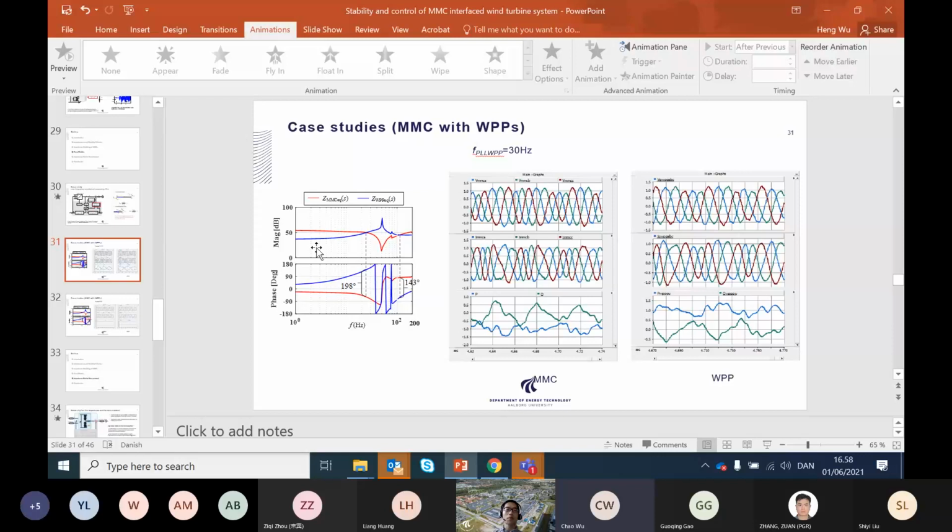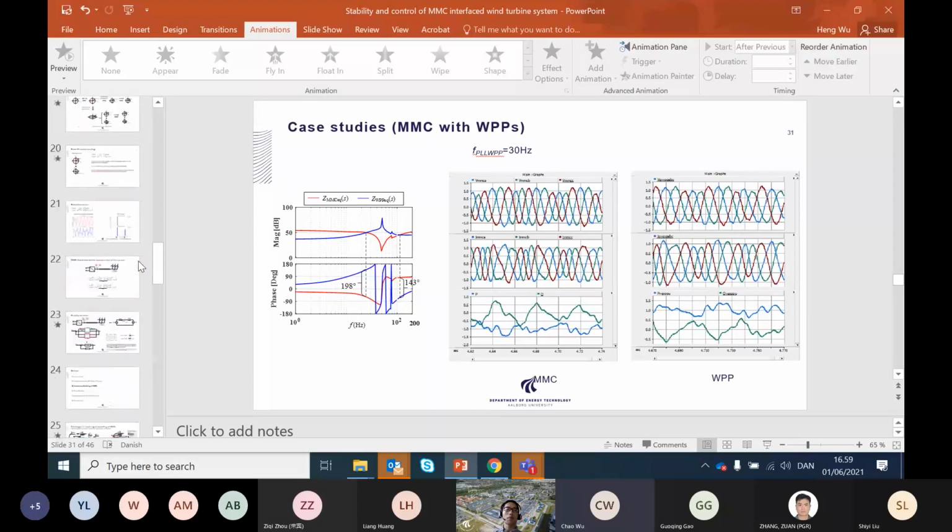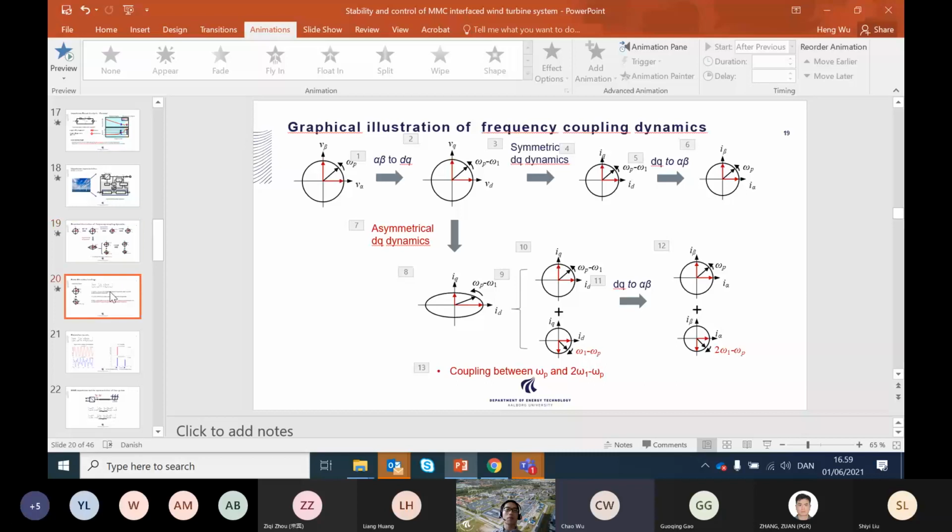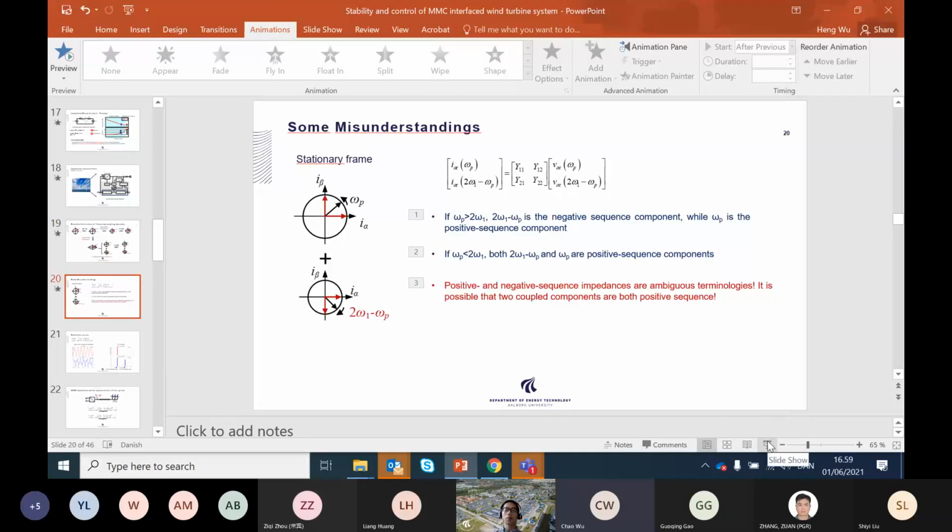It's very inspiring. I may have a comment here: when you talk about the misunderstanding of the positive and negative sequence coupling phenomenon, I wanted to say that in the existing research, even when they use the positive and negative sequence, they didn't mention that the coupling between the positive sequence and the negative sequence is using s minus j omega 1.